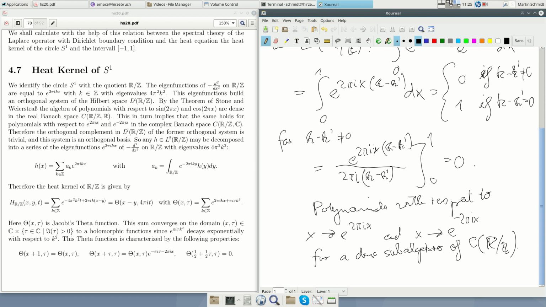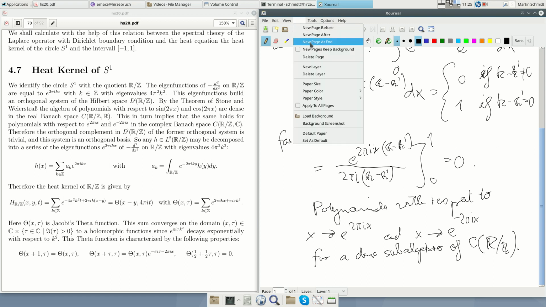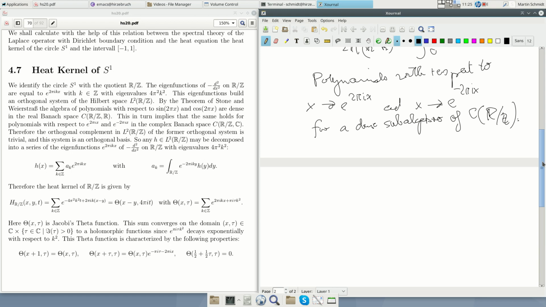This is a compact space, so we may apply the theorem of Stone and Weierstrass, and this shows that this is indeed a dense subalgebra.